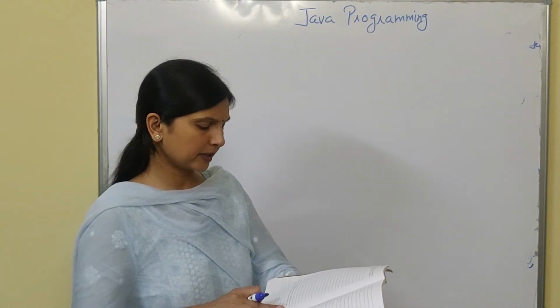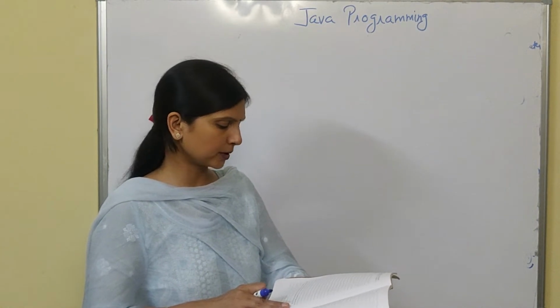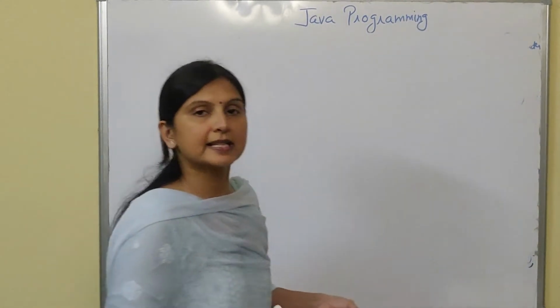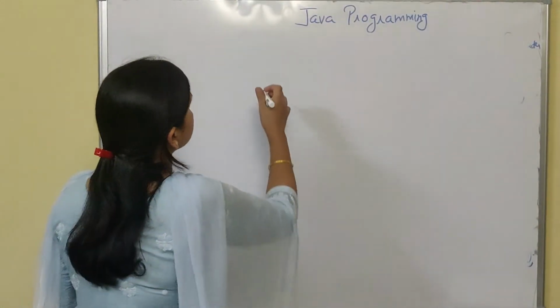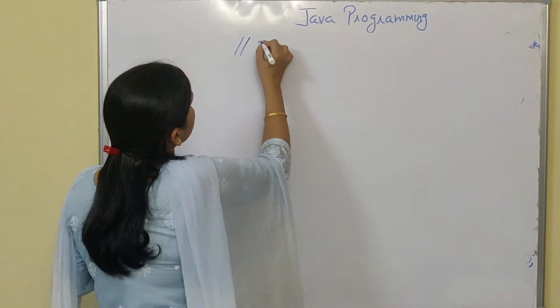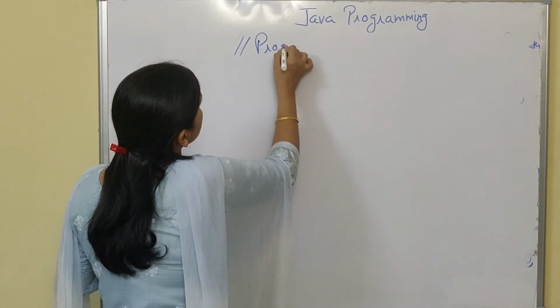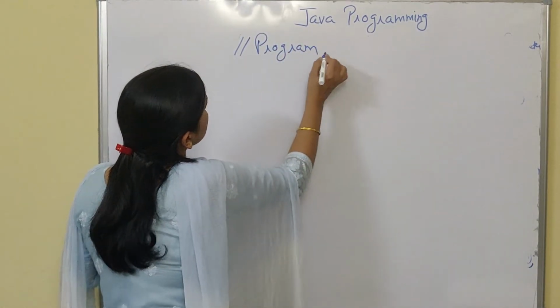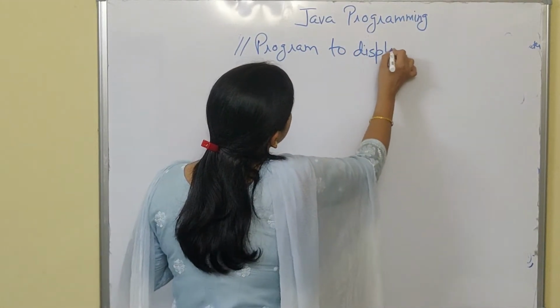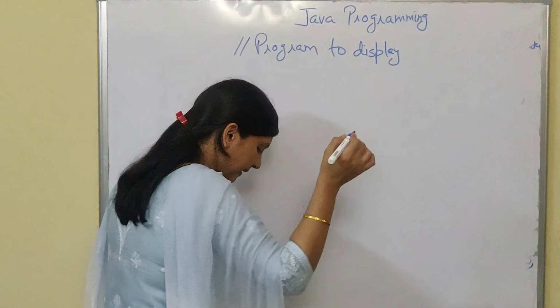So which variables will we take? Cost of computer book, amount to be paid which we have to display, and discount is 15%. So this is a program to display the amount to be paid.